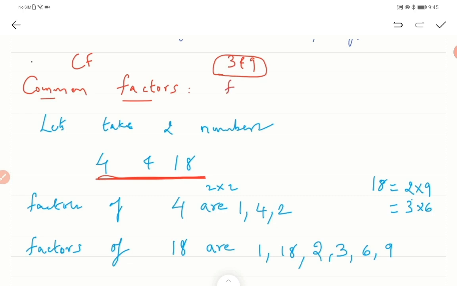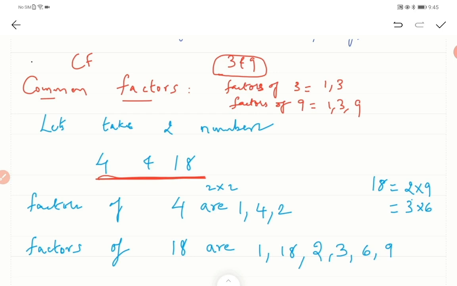So factors of 3 are what? 1 and 3, isn't it? What about factors of 9? Yes, it is 1, 3 and 9, isn't it? You don't have 9 in the 2 table, 4 table, 5 table, 6 table, 7 table, 8.